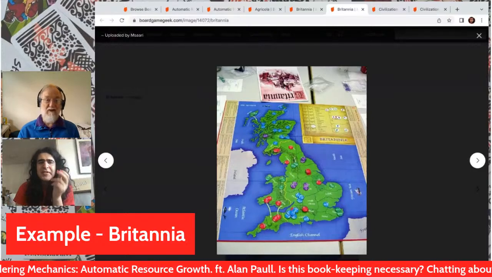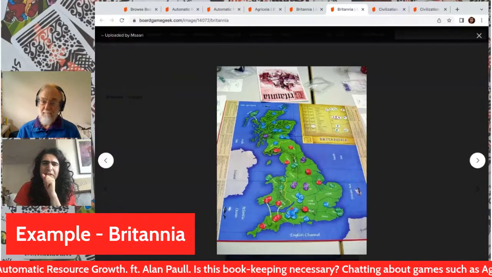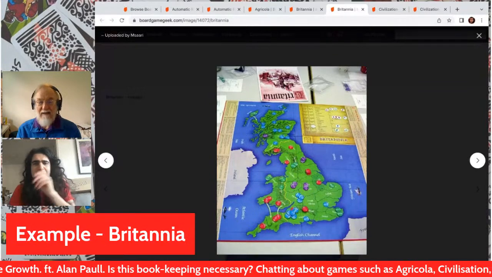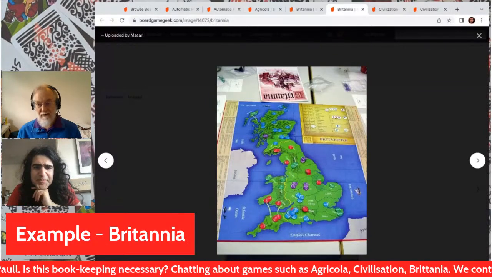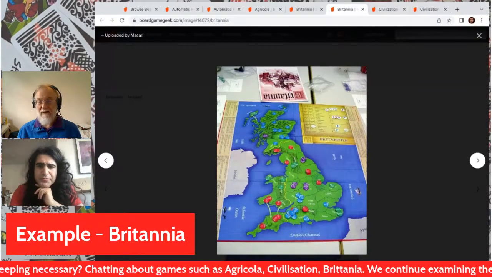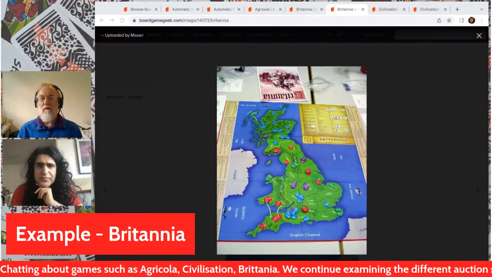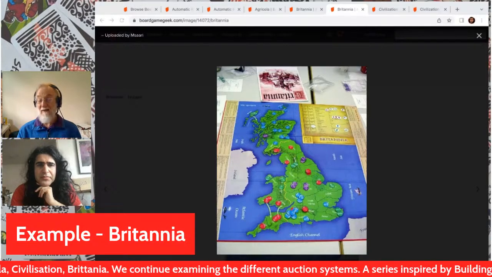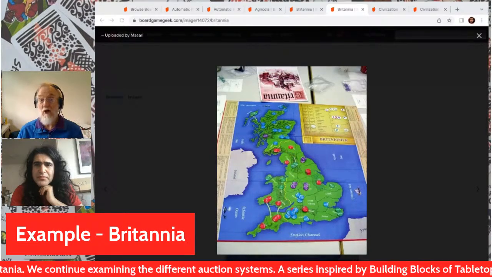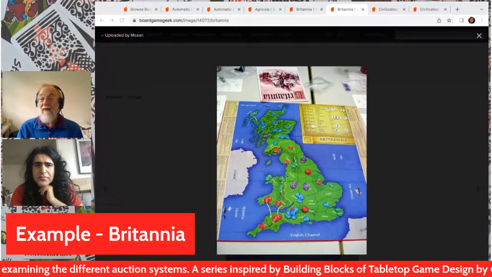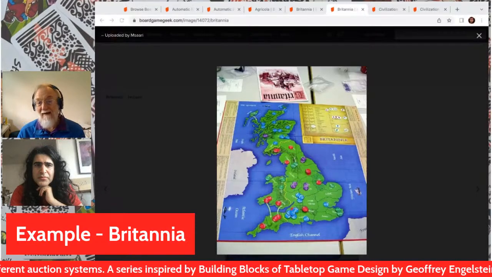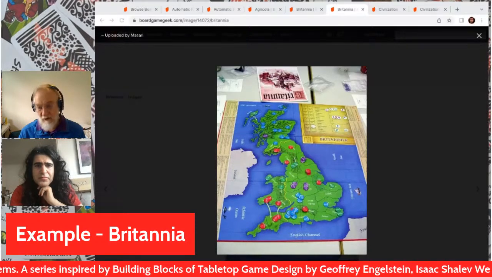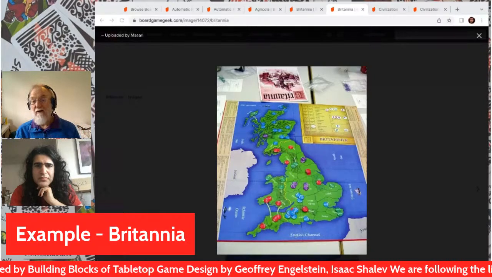It's very tightly engineered so that you've got a given amount of pressure on population depending on the tribe you've got. So the Saxons and the Angles have a lot of pieces, and the Romans, and they're expected to have large areas conquered, and they'll get commensurately large numbers of points.